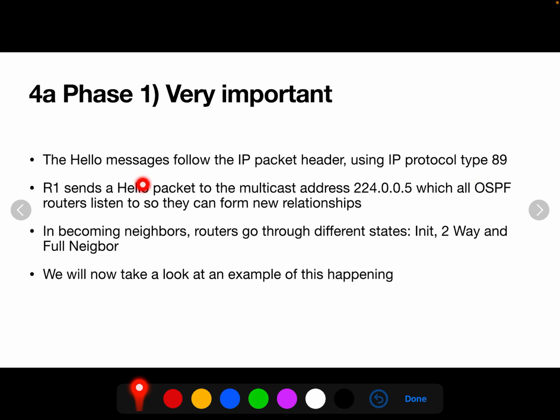Now router 1 sends a hello packet to the multicast address 224.0.0.5, which all OSPF routers listen to, so that they can form new neighbor relationships.